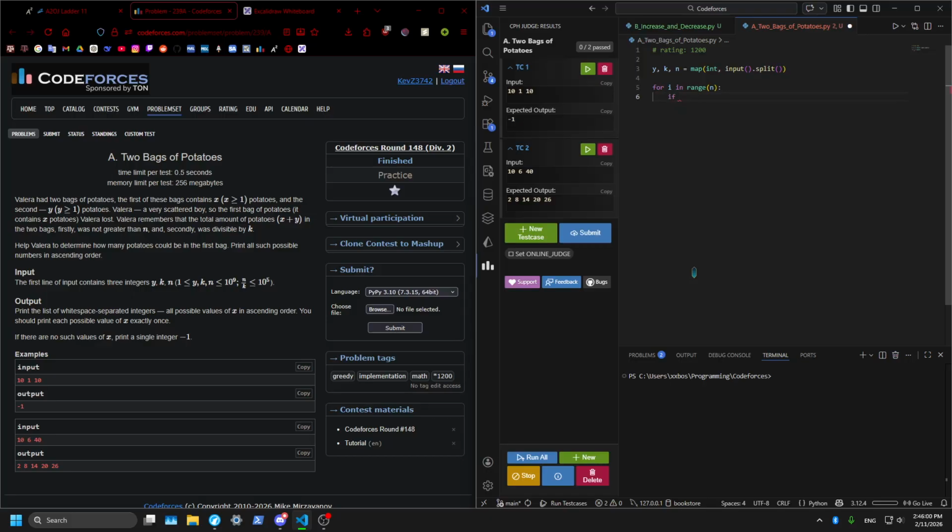If 12, print 6. It could never be 6, right?